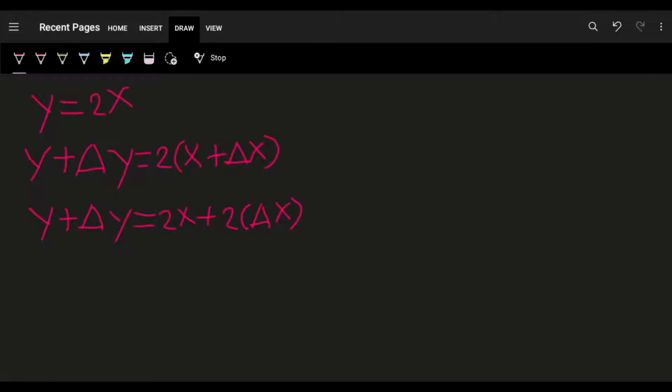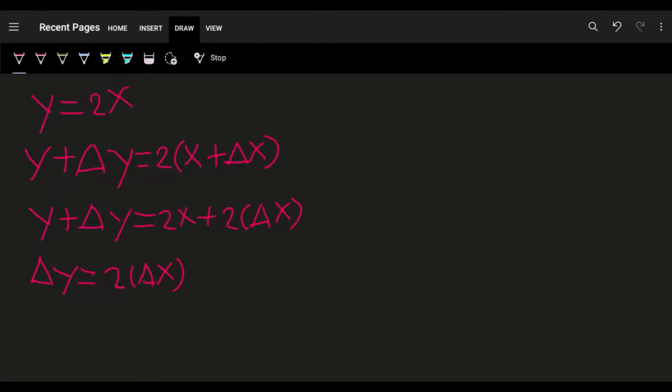So we know that two quantities are equal to each other, and we could eliminate them by subtracting y and 2x, because that maintains equality. So we can reduce the change in y to 2 times delta x.